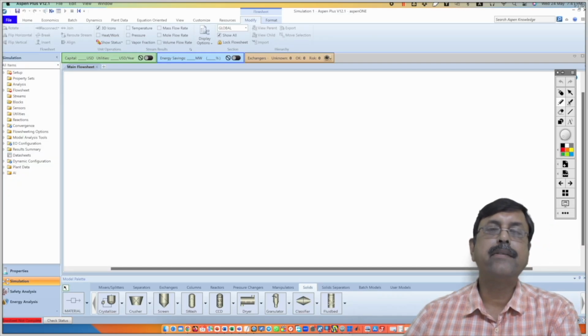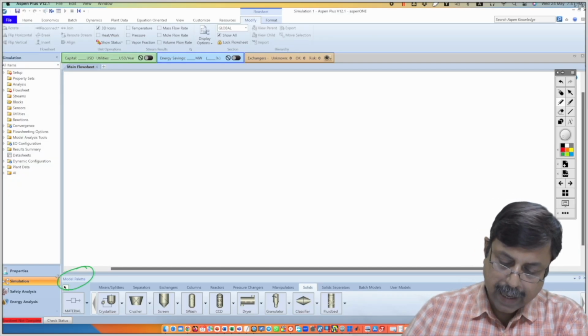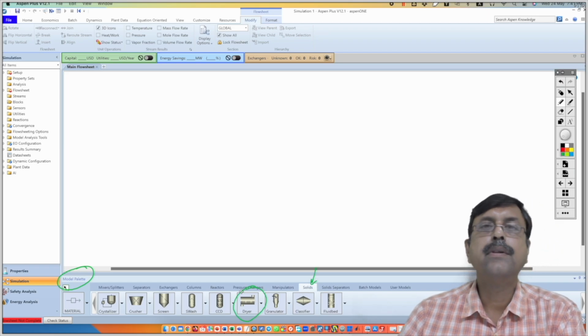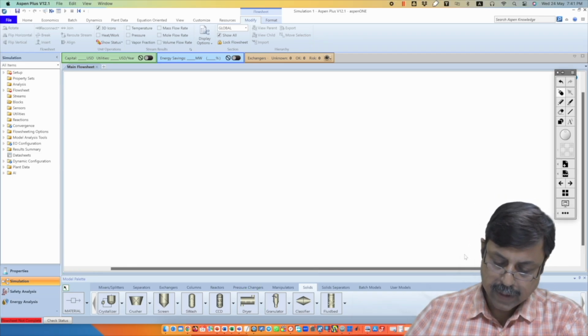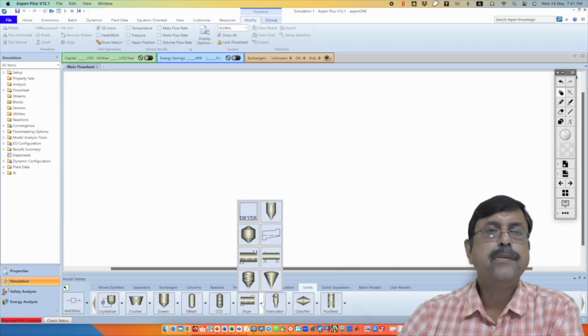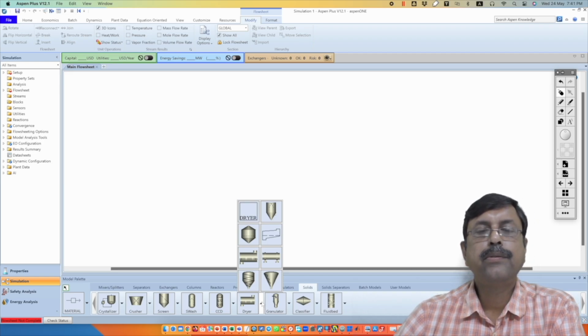In the Aspen Plus simulation window, in the model palette, you will find it in the solids tab over here. So this is the dryer block that you have to use. There are various icons. Although icons don't matter, whichever icon you use, the procedure will be the same.